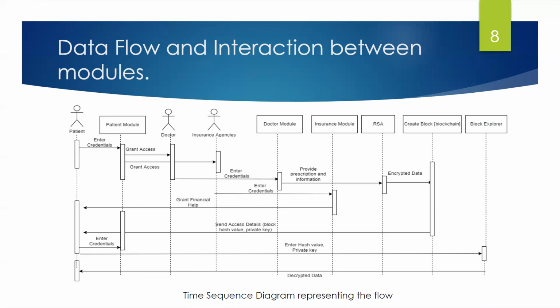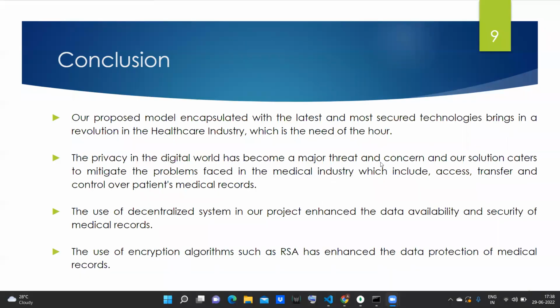Doctors can enter their credentials, and after examining the patients, they can provide prescriptions and information which will be encrypted using RSA, and the block gets created and then stored in the chain. Later, the hashes and the private keys will be with the patient. They can be entered into the patient module in order to view their chain and then view their medical data.